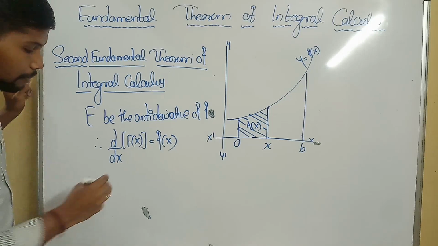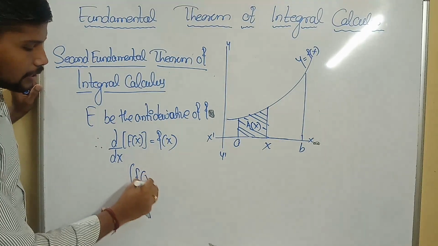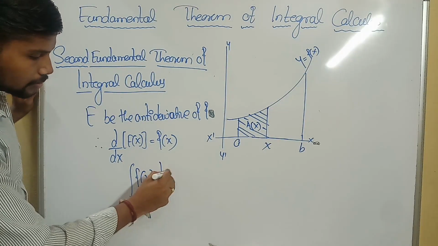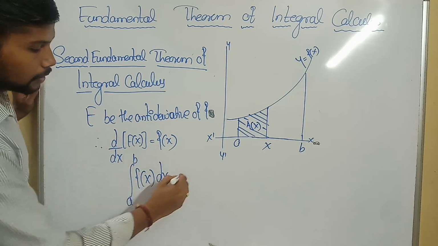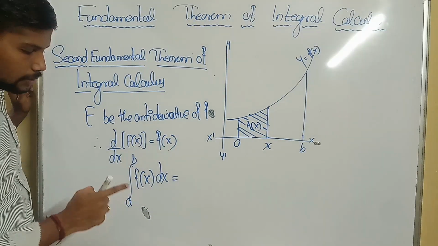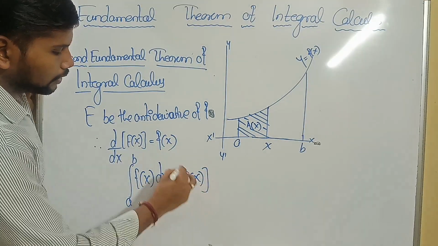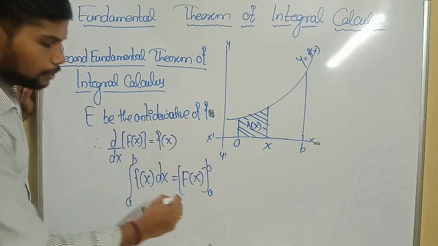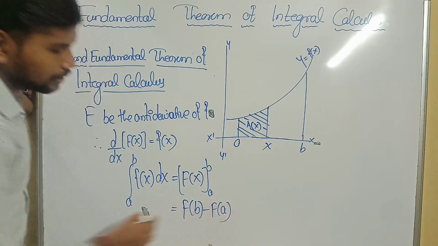Got the point clearly? Then the integral of small f of x dx with limits a to b, how do I write this? Since the derivative of capital F of x is small f of x, the integral of small f of x will be capital F of x with limits a to b. Substitute the upper limit value: F of b minus F of a. We'll get the exact value.